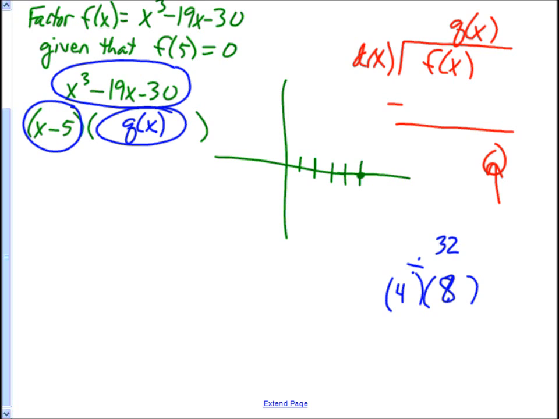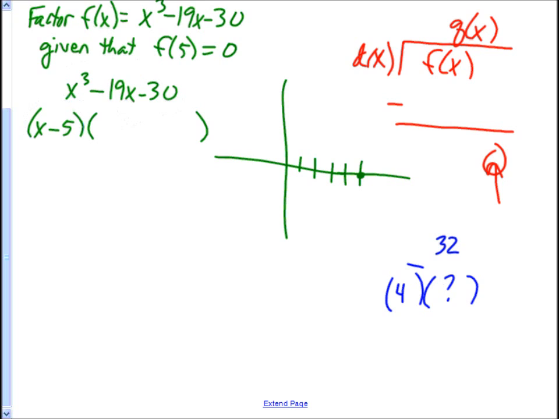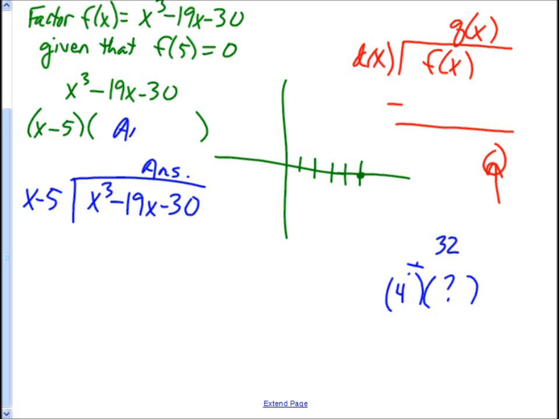So all I have to do here is take this x cubed minus 19x minus 30 and divide it by x minus 5, and I put that answer there.